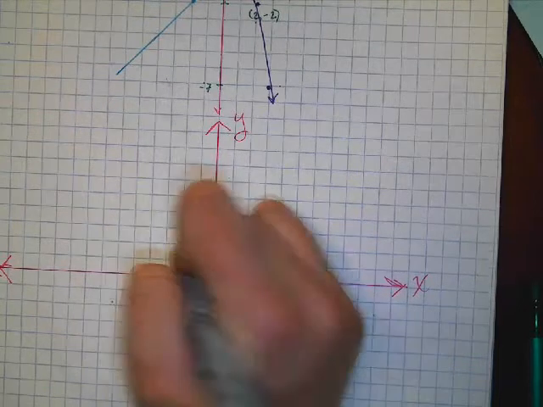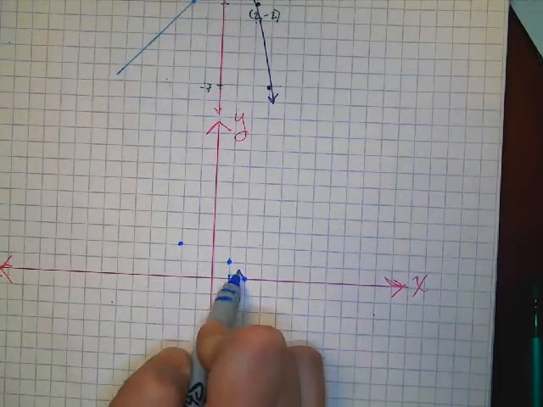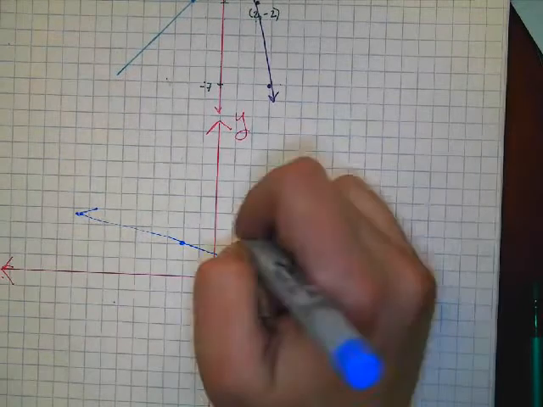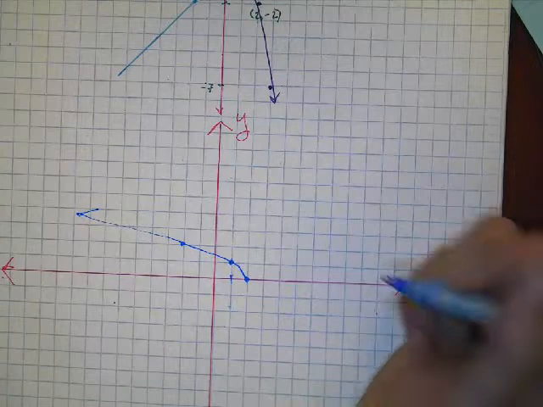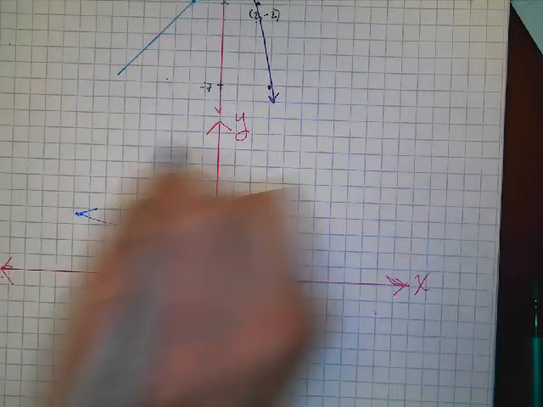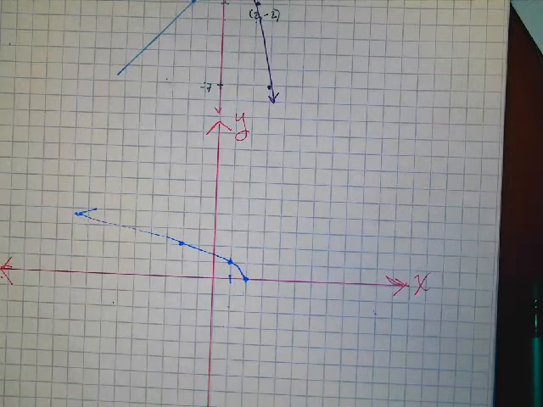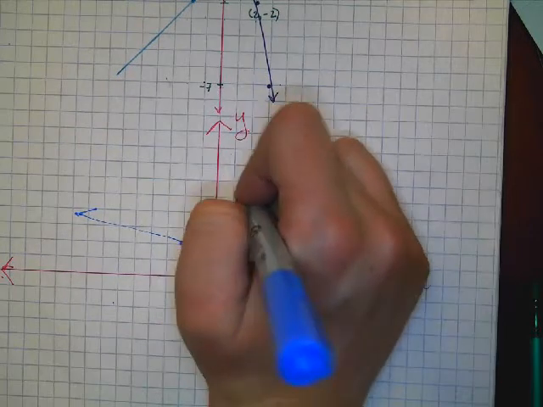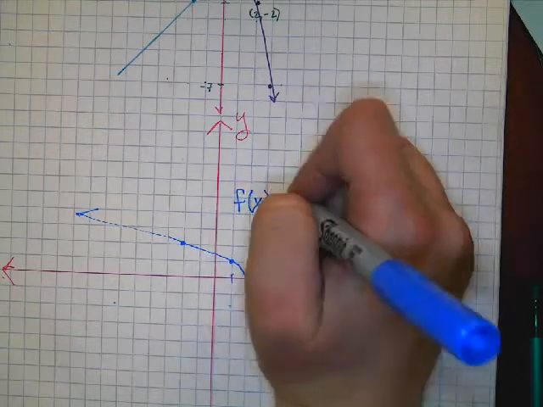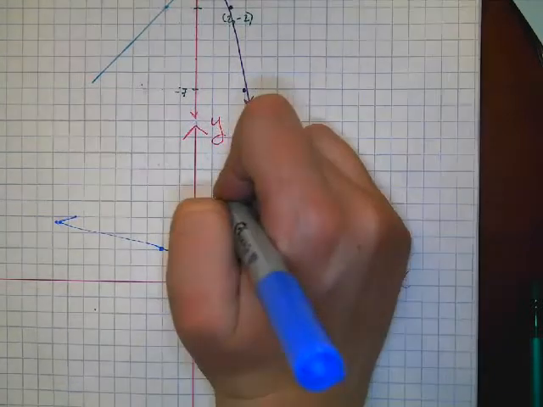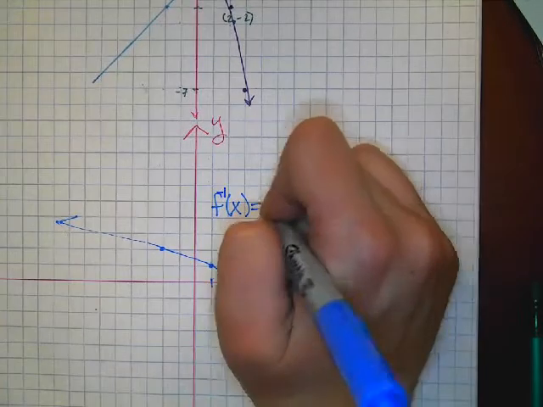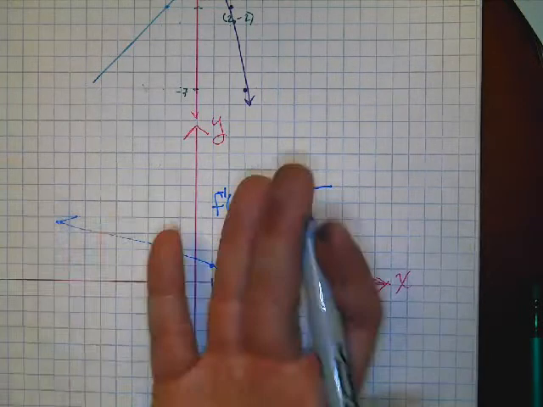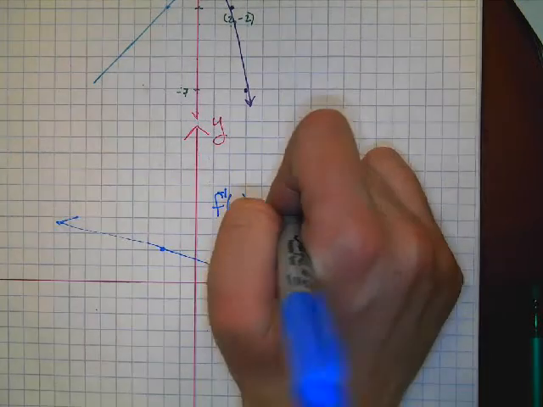Now this one, you might recognize the shape. If I had a graph that looks like this, this is 2, this is 1, and then it went through -2, 2, 2, 1, 2. What you would notice is this graph looks a bit like the square root graph. It is in fact the square root graph, and it's been shifted and reflected.